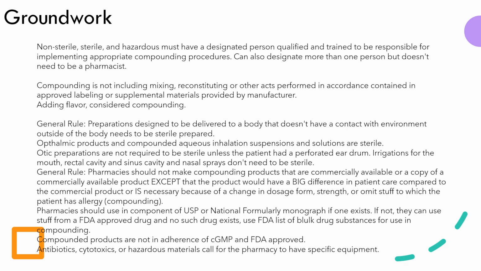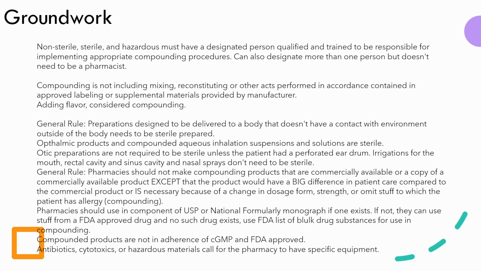Another thing is that a pharmacy should use a component of USP, or what we call a National Formulary monograph, if it exists. If not, they can use the FDA drug bulk list for use in compounding.